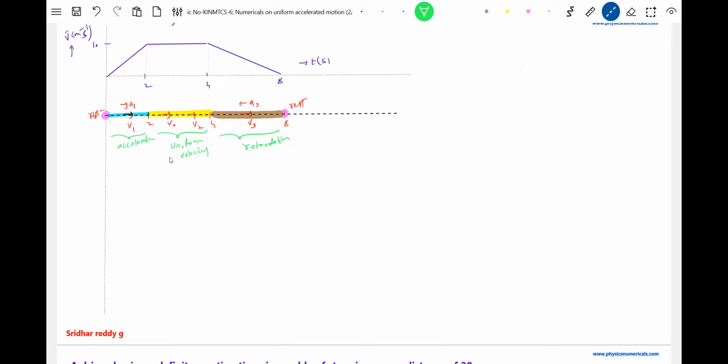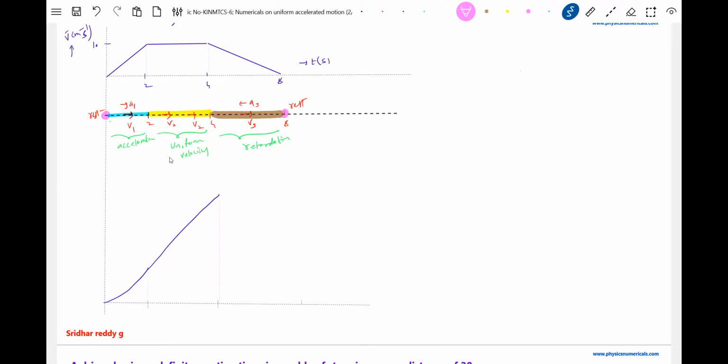I think that is also very important, which we should plot. How will the position versus time graph be? This is 2, this is 4, this is 8. First, what will happen to the body? It will accelerate. Then it moves with a constant velocity. I'll try to draw the graph to scale.